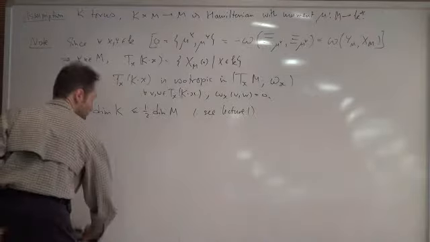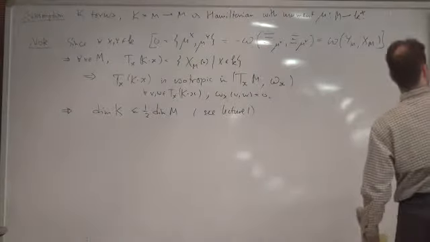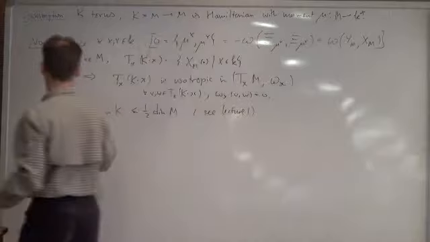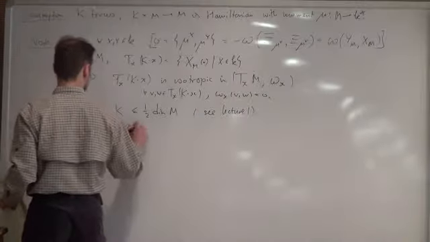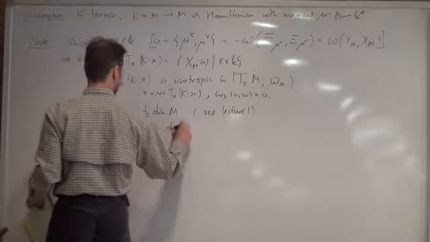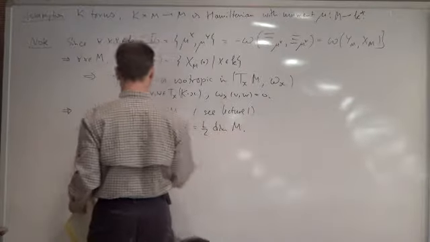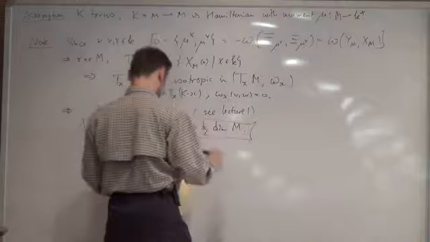Now let's see what it tells us in the toric case. We should be able to get a lot of mileage out of this. Now assume dimension K is 1/2 dimension M. Right, we're in the toric case.